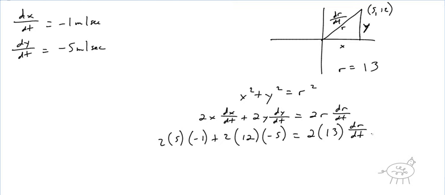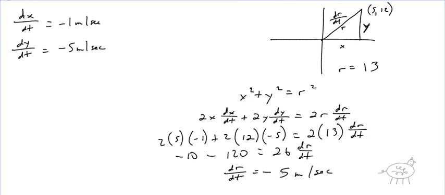Pretty easy, man. Okay, so we wind up getting negative 10 minus 120 equals 26 dr/dt, and that's negative 130 divided by 26, so dr/dt comes out to be negative 5 meters per second. That one's an easy one.